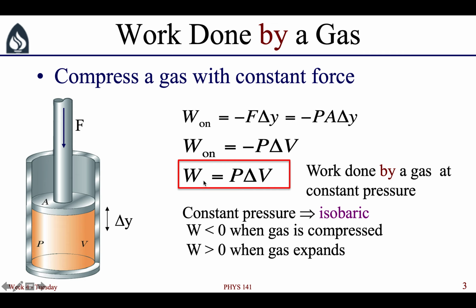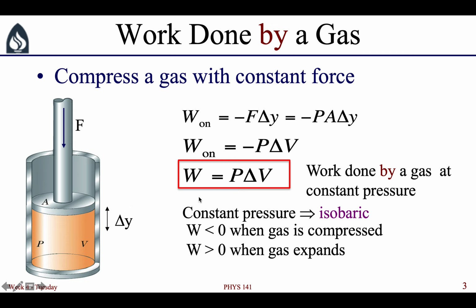The work done on the gas by the environment, in that case, would be negative. So the work done by the gas is always the opposite of the work done on the gas. When the gas is compressed, when the volume change is negative, then the work done on the gas is positive, the work done by the gas is negative, and the opposite is true when the gas expands.